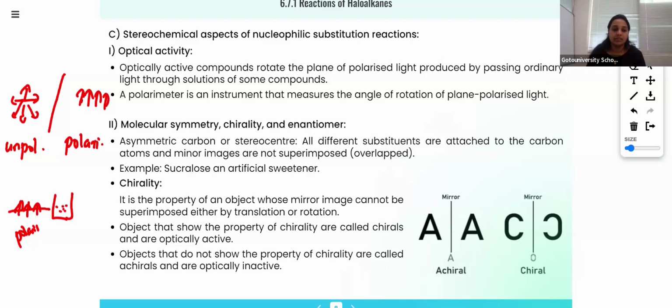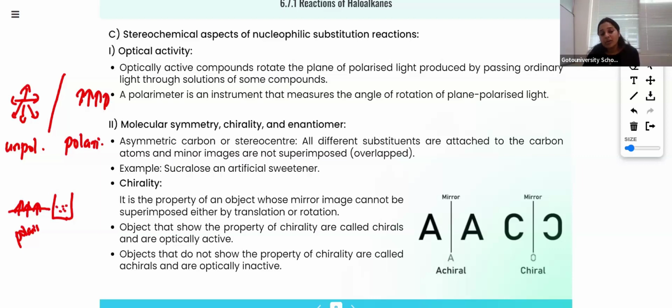Getting it right? If the compound is rotating the plane of the polarized light to the left or right, the compound is called optically active. If the compound is not rotating the plane of polarized light, the compound is optically inactive.